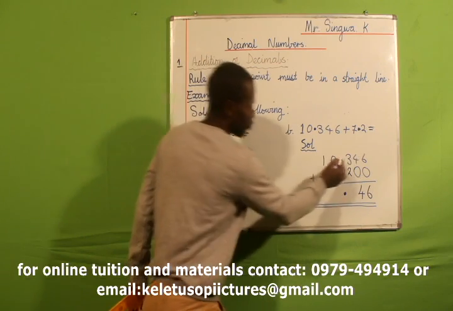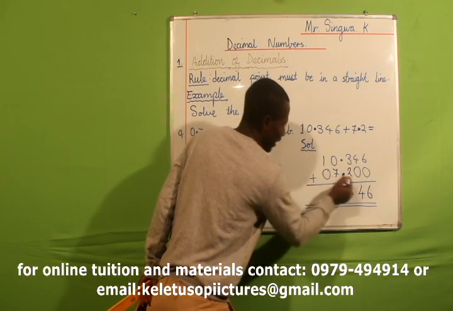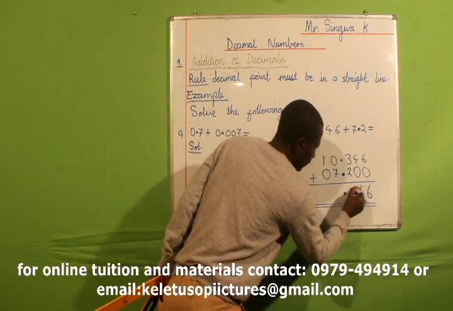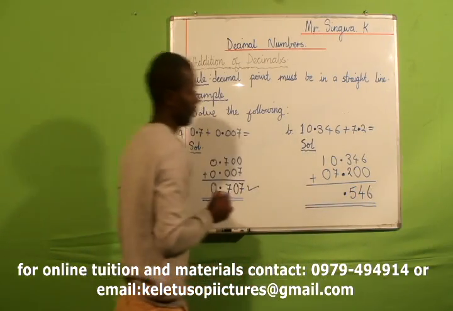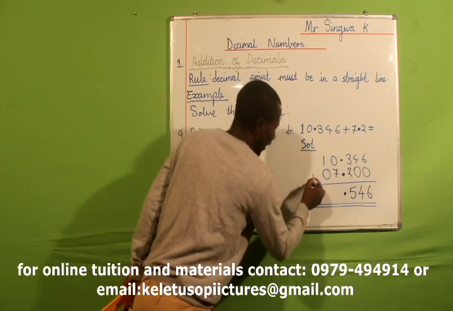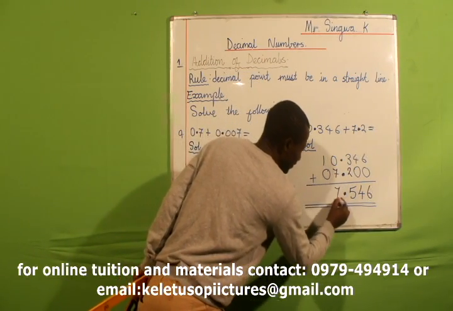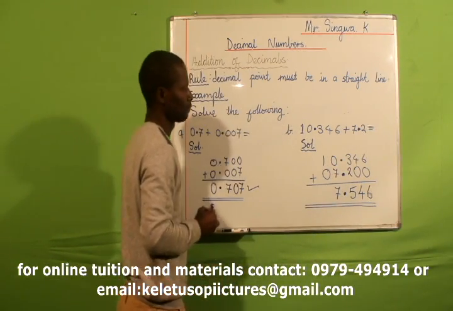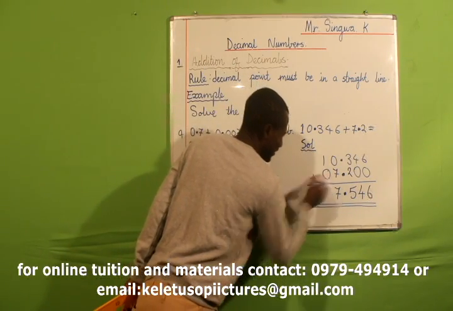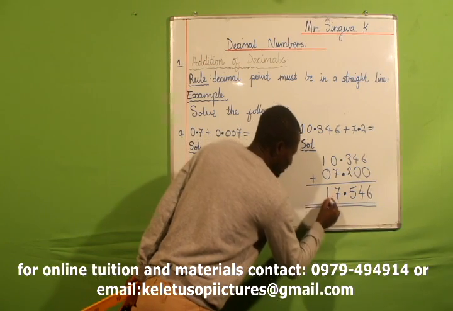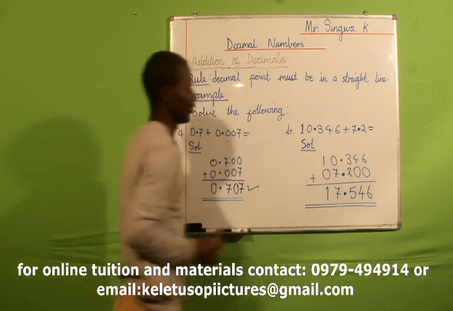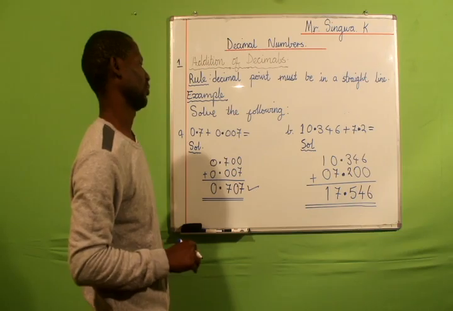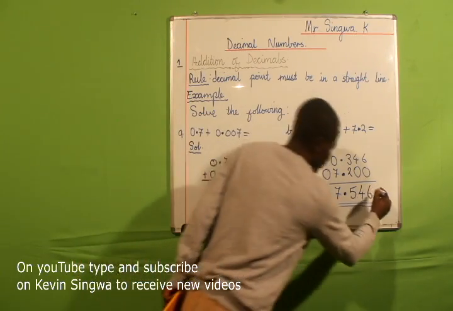The values now, 3 plus 2 is going to change to 5. Wonderful. 0 plus 7 is going to be 7. 1 plus 0 is still 1. Nothing is changing. There, your answer is correct.